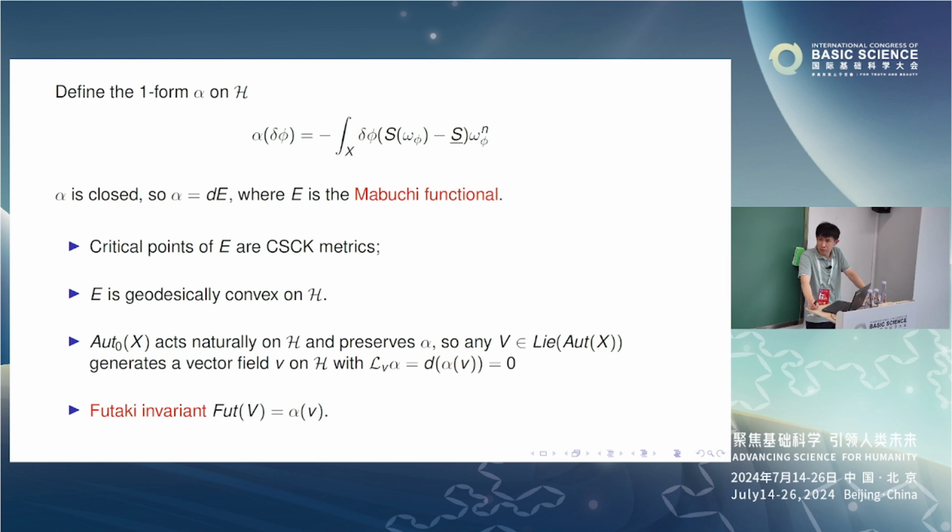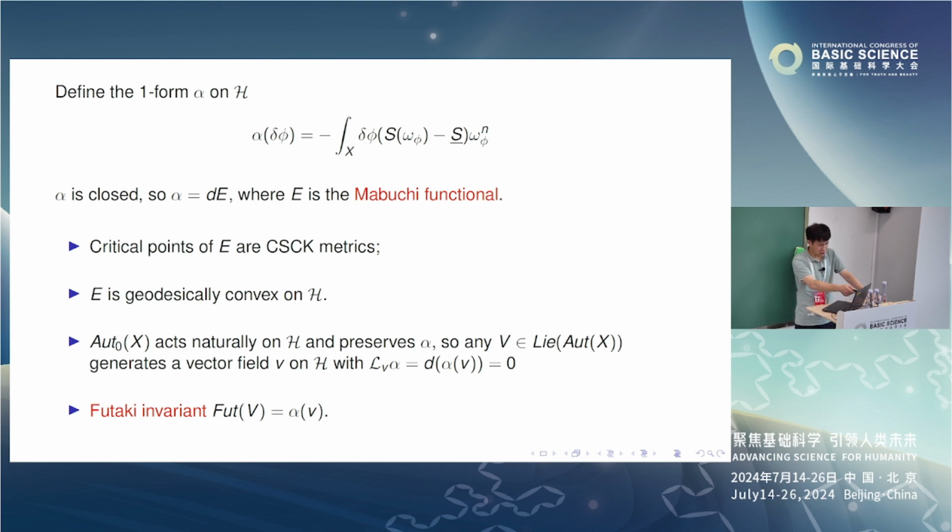So any holomorphic vector field generates a vector field on this space, and the pairing of this one form with the vector field is a constant on the space of potentials. So it's defined as an invariant, called the Futaki invariant. This is just a convenient way of explaining.